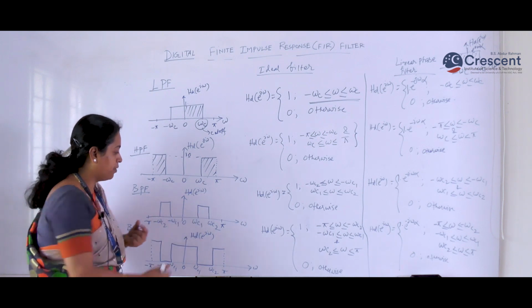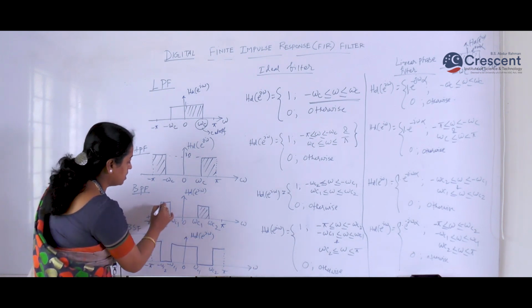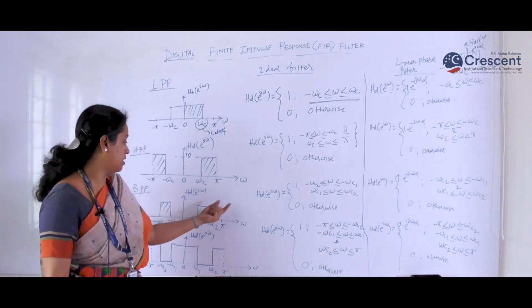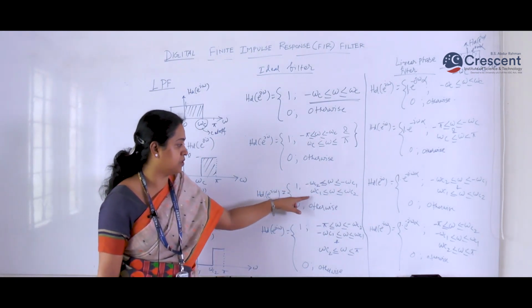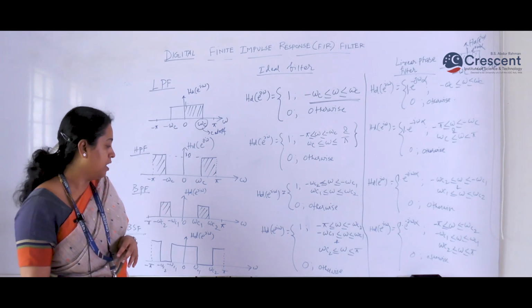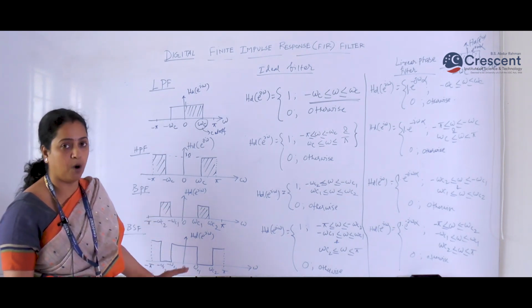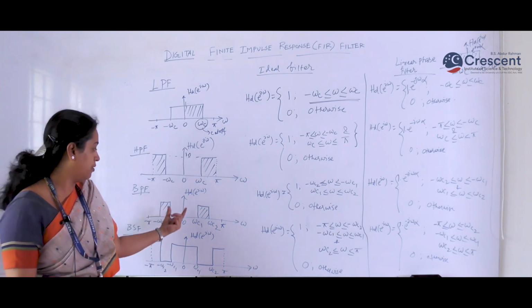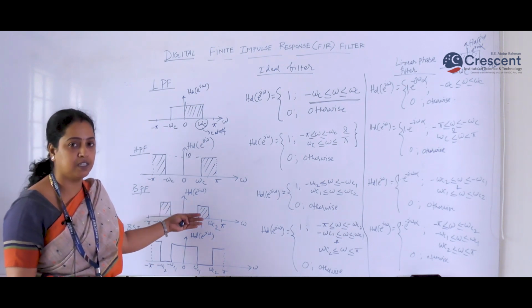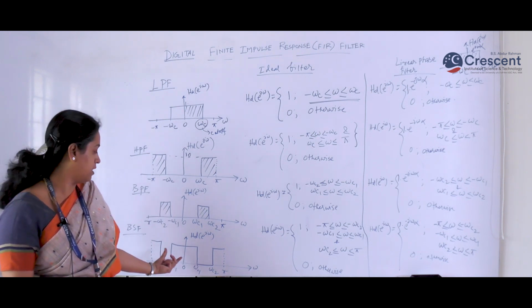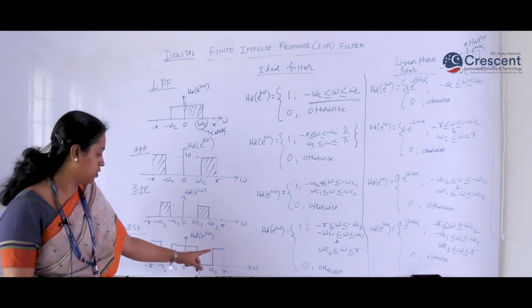So a band of frequencies is passed through this filter, and the range of frequencies for this band pass filter is denoted here. Similarly, coming to the band stop filter, the response is completely opposite of band pass. So if we know the band pass filter, we can just write the complement of the band pass filter response to get the band stop filter response, which is shown here.